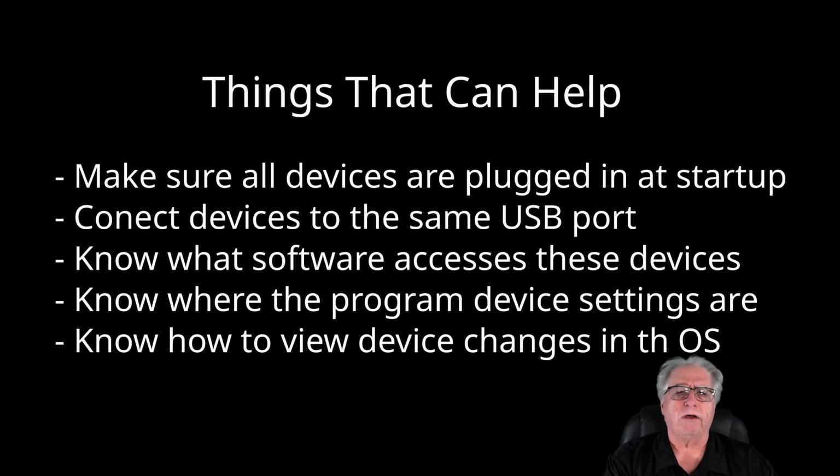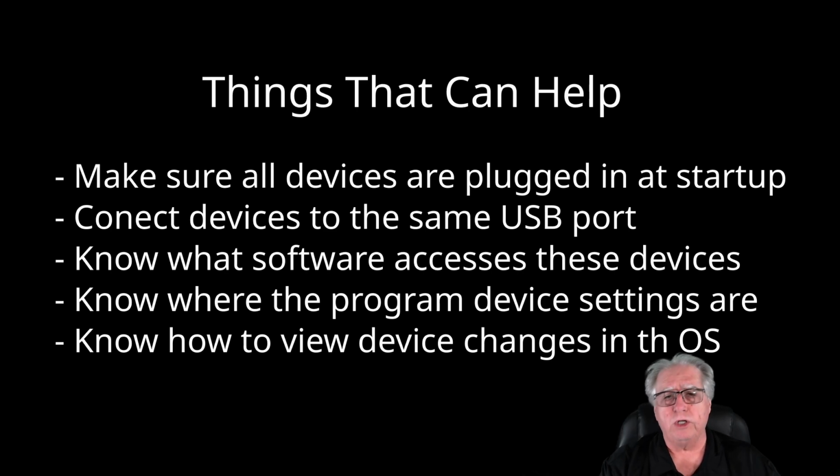So there's a thought. Now, even with all the best laid plans, all the best laid timing, doing everything that you can to make that stuff not change IDs, hey, sometimes it'll happen. And when that happens, you need to know what software accesses the device that's changed.